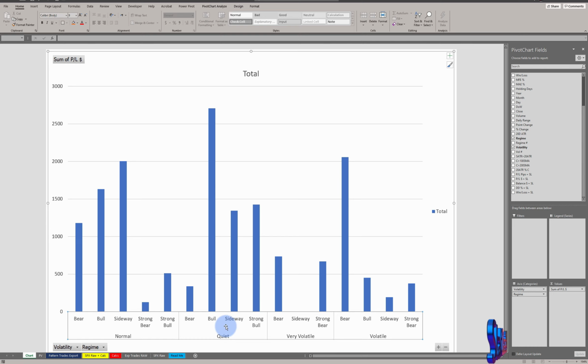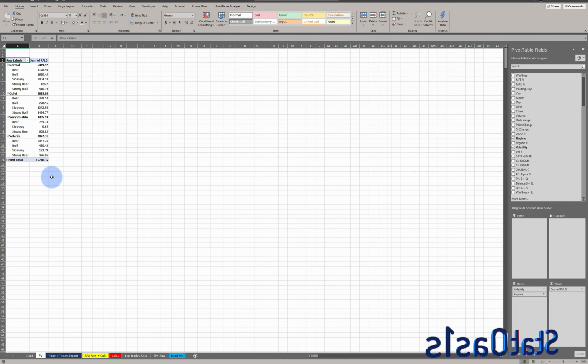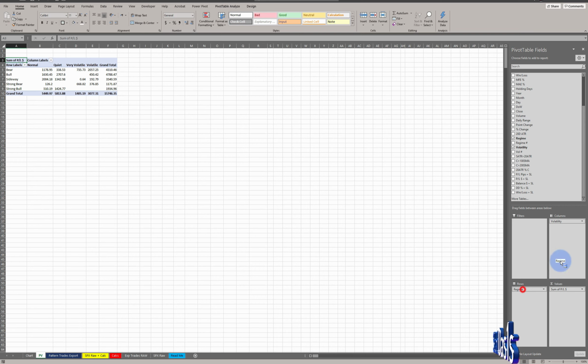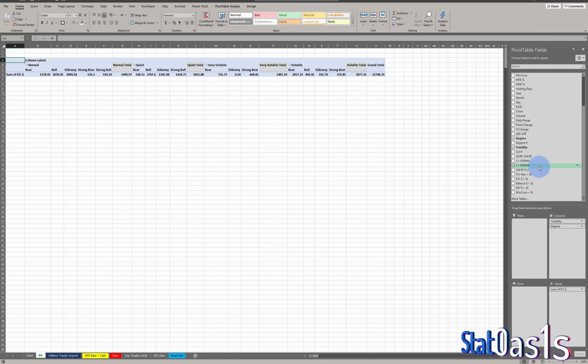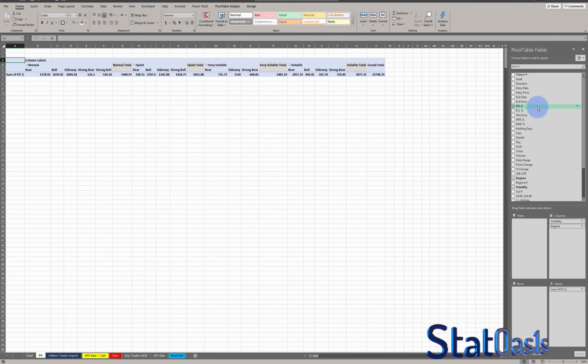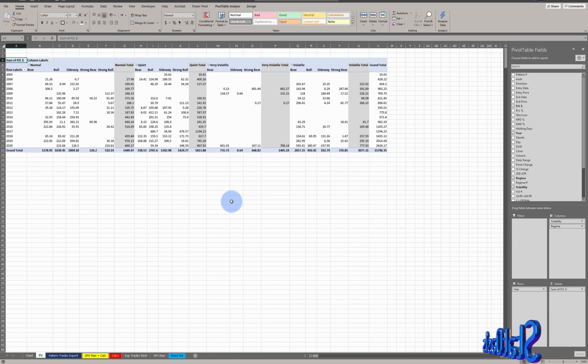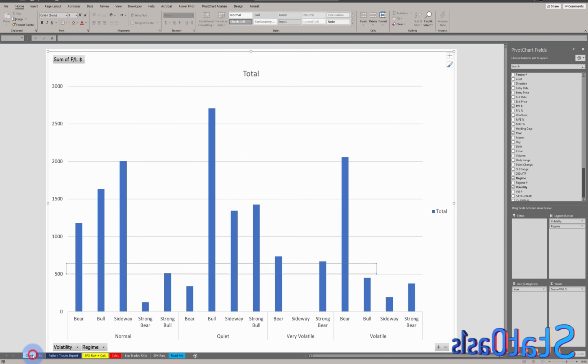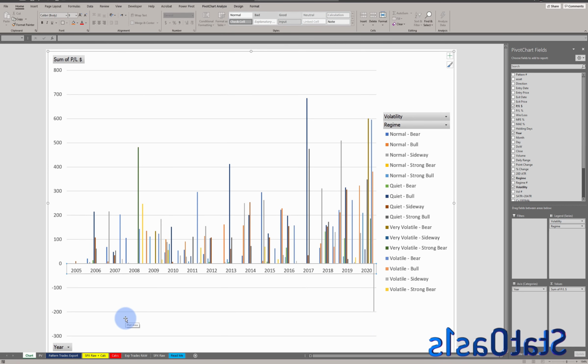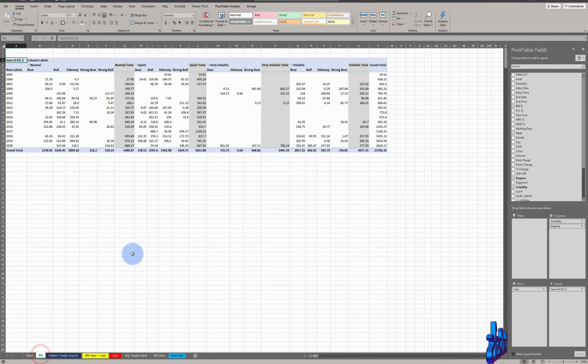So then let's take this one: quiet volatility and bull. So I'll come back here and let me put it now in columns. And let me put my patterns here. Or let's put years first. So let me just check that I'm doing the same in all years. What I want to check is the quiet and bull.